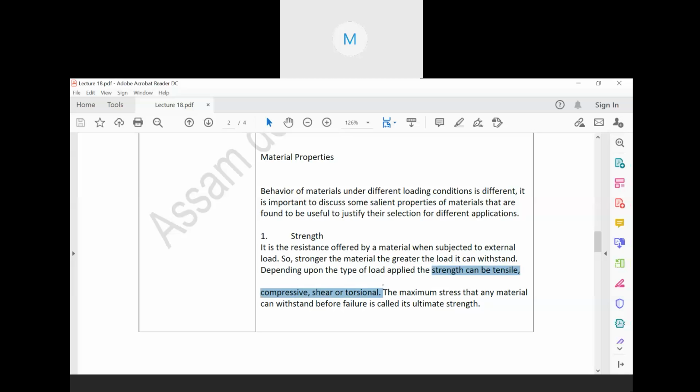After washing it, you just twist it. One person holds one end, the other person holds the other end, and you just twist it so that the water can go. Do you remember this? So this is known as torsion.